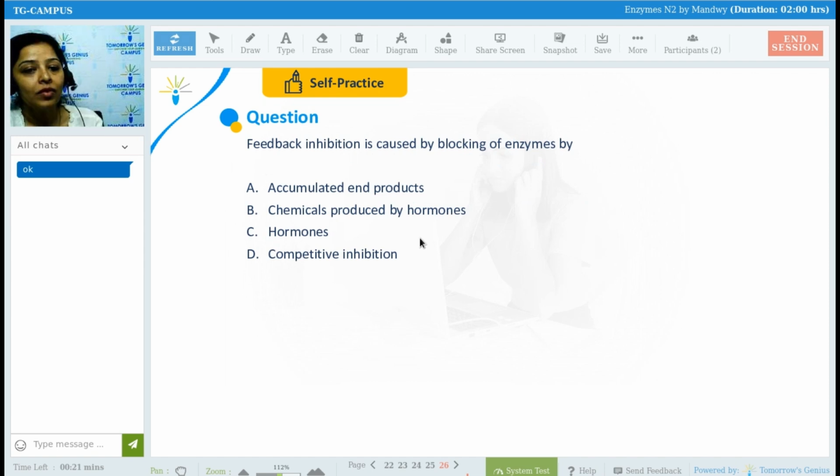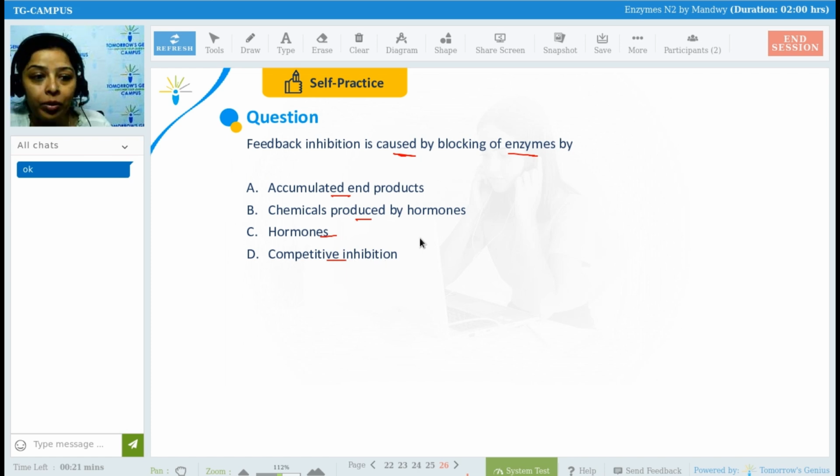Feedback inhibition is caused by blocking of the enzyme by accumulated end product, chemical produced by hormones, competitive inhibition.